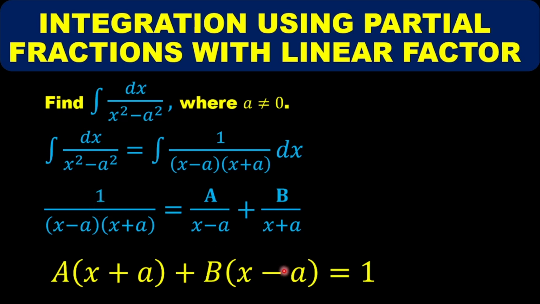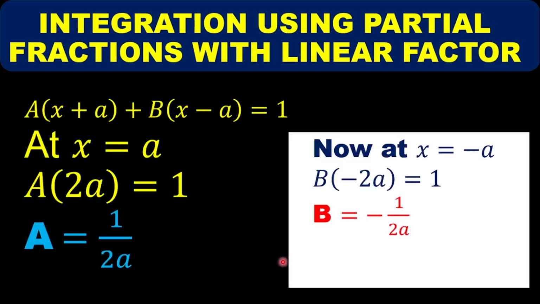So now that we have done the expansion, let's go ahead to determine the values of A and B. Okay, so to determine A, as we said earlier, you ask yourself, if I want to eliminate B, what value of x will make this one 0?